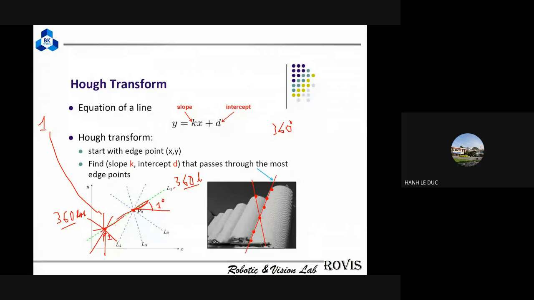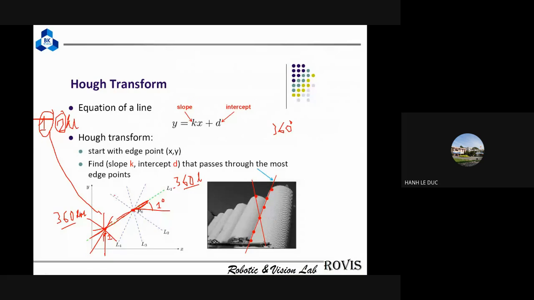So it will become two lines: the first line goes through P1, the second line goes through P0, and then we have the line that goes through both P1 and P0. That means we vote on the number.